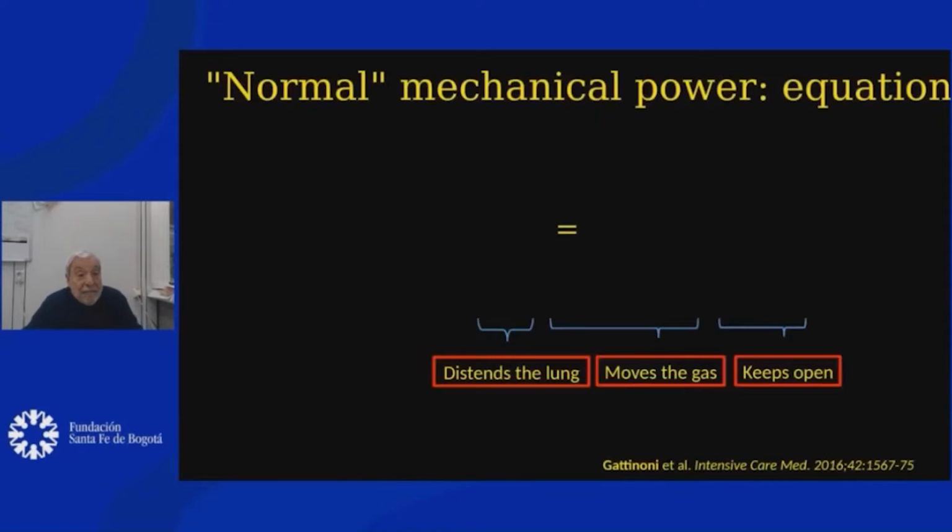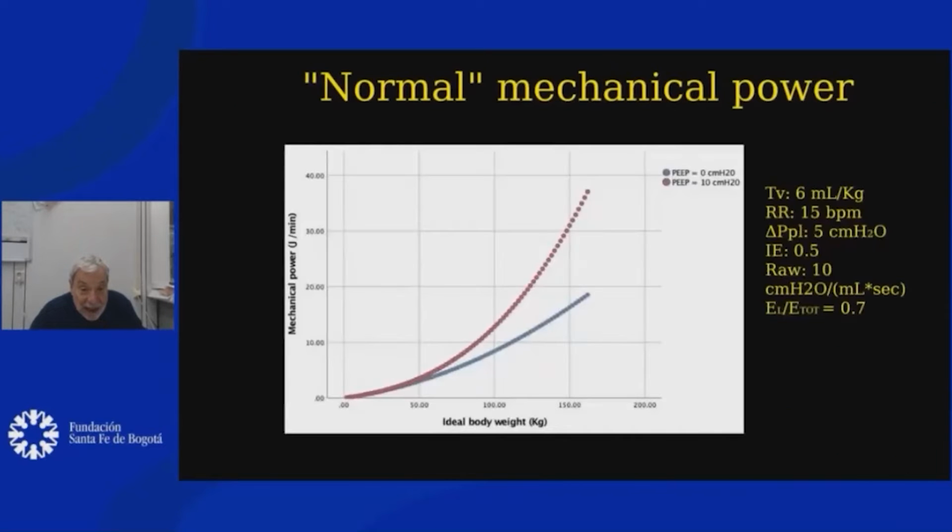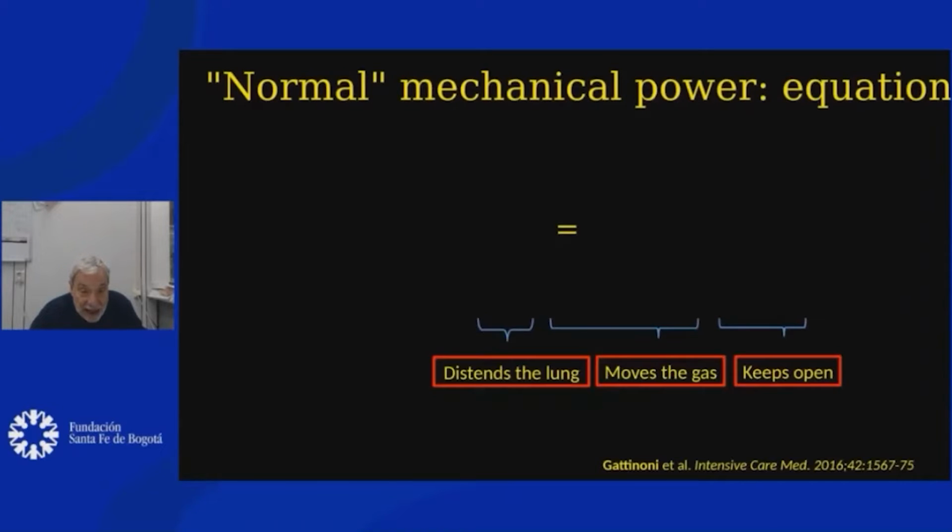We have to look at the mechanical power equation. I'm sorry, because of the translation, but let's see. You know the motion equation. The total pressure at a given moment should be the pressure which is used to distend the lung.